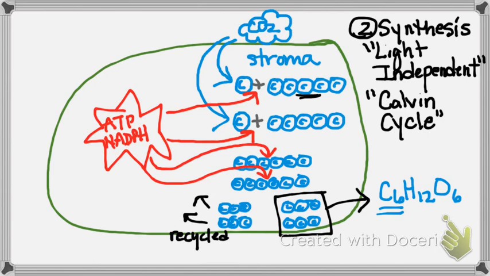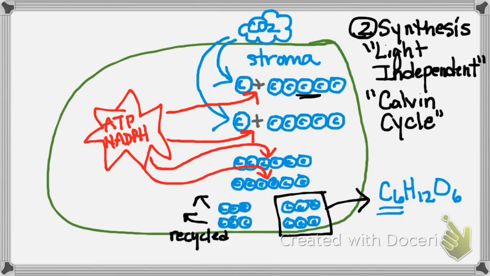That'll join with some more carbon dioxide, the carbon from it, and then they will be used to create glucose. And then the cycle continues. What's left over gets recycled back to make RUBP and join with carbon that's coming in through the stomata, and then make glucose again.